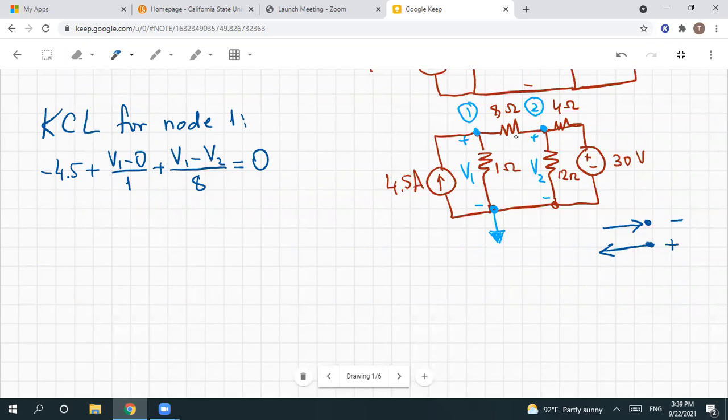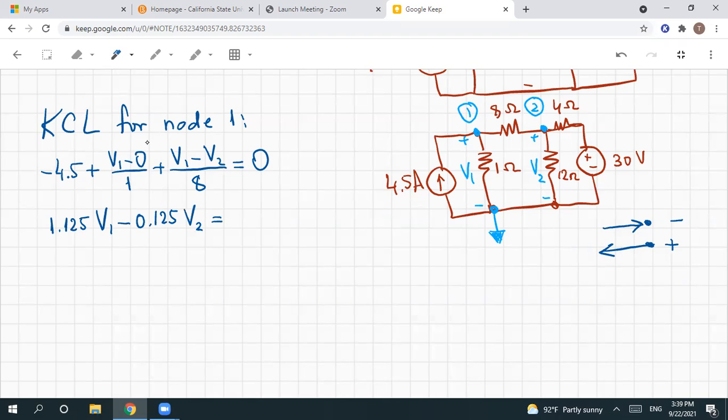Now, if I rearrange this formula, V1 over 1 will be V1, and V1 over 8 will be 0.125 V1. So if you add them to each other, you will have 1.125 V1. And for V2, it will be minus 1 over 8, which is 0.125 V2.